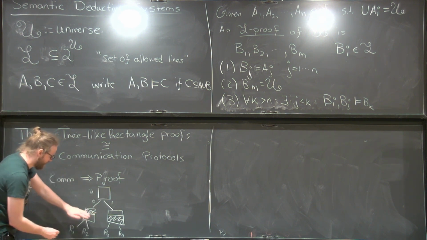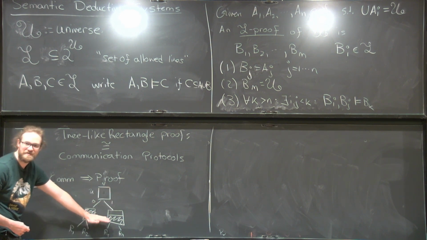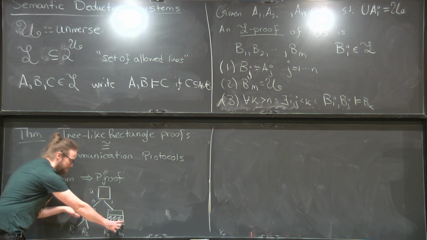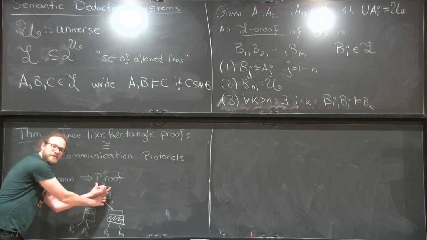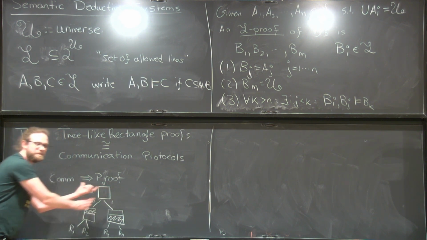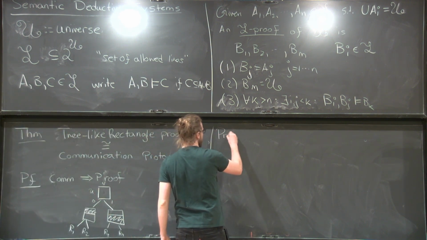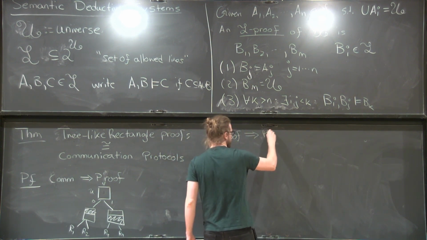The first step of the communication protocol is going to split the communication matrix in half. When I do that step in reverse, I'm just taking these two rectangles which cover part of it, and the whole matrix is contained in the union of them, right?